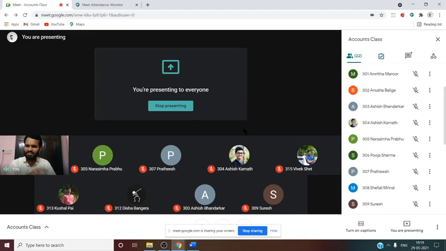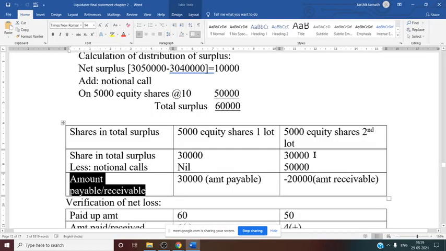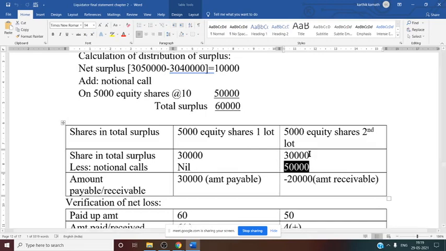Now next thing you have to see here, second lot total surplus is 30, but here notional call is 50. So what do you mean by this? Only the second class of shareholders is entitled to receive 30,000, but here there is an excess amount. See this 50,000. That is why here you will get a negative balance. So negative balance, 30,000 minus 50,000, that is minus 20,000.